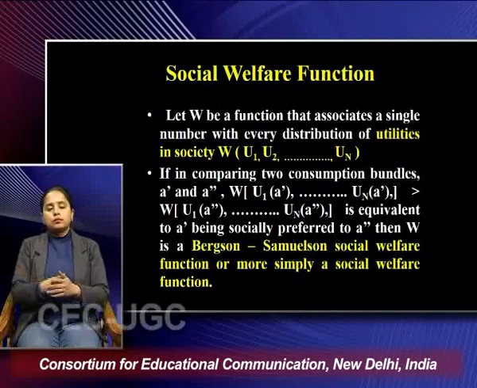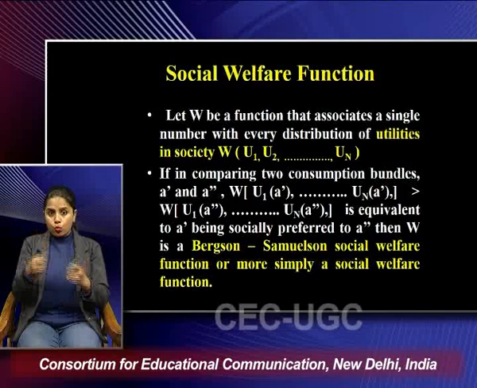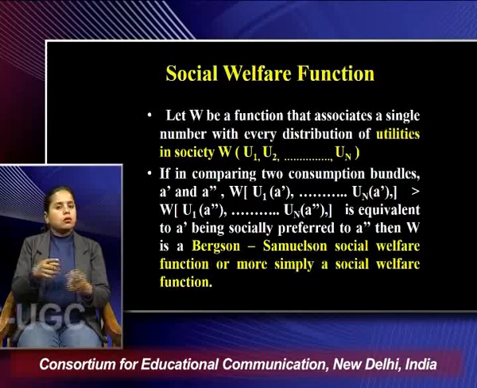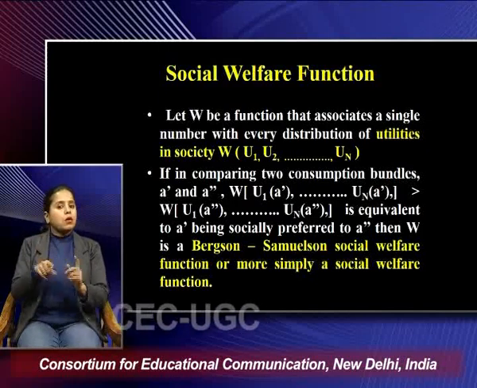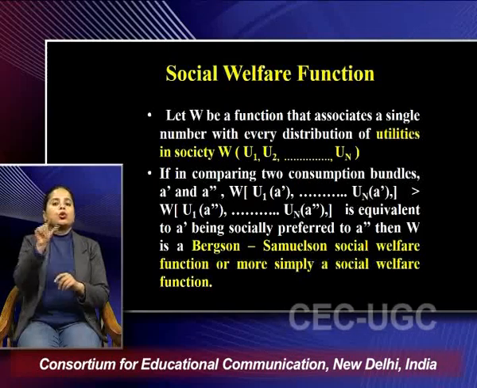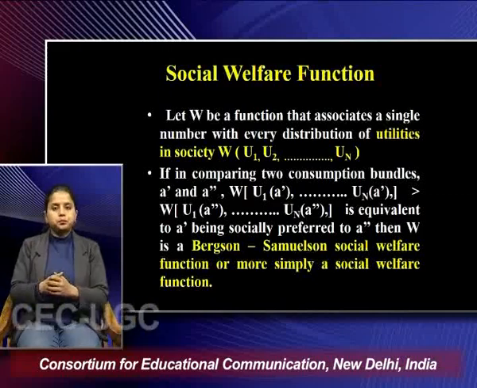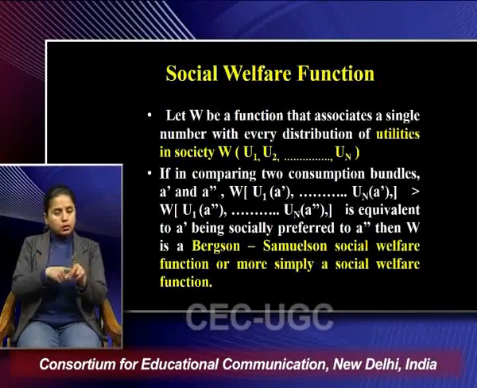So if A dash is preferred to A double dash, then the individual utilities associated with them, defined as U1A dash, U2A dash, U3A dash and so on till UNA dash, then the function associated with these utilities, which is reflected by W, will also be preferred to the social welfare function generated by U1A double dash, U2A double dash, U3A double dash and so on till UNA double dash.